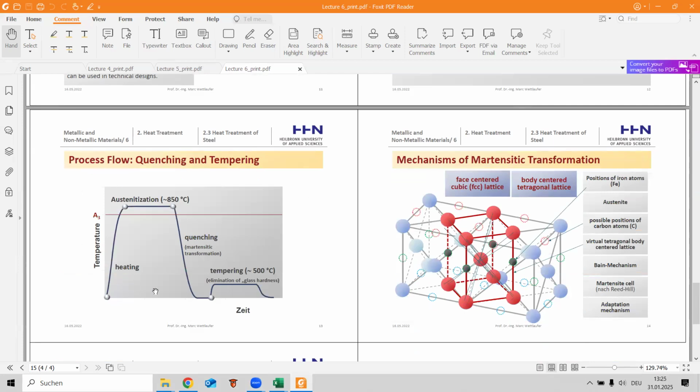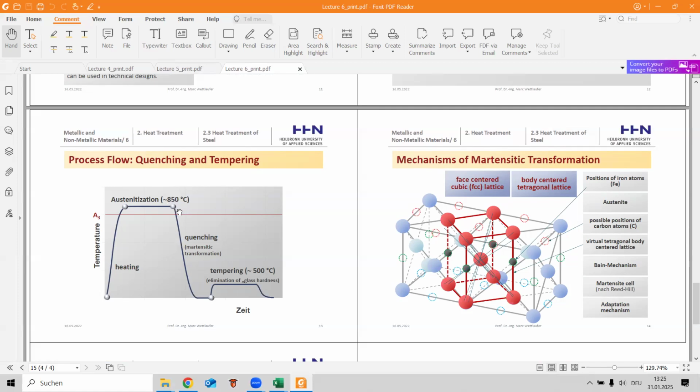So here's also the diagram for the process of quenching and tempering, temperature and time. So at start, we have austenite temperature. We start with rapid heating. Then we have austenitization around 850 degrees.